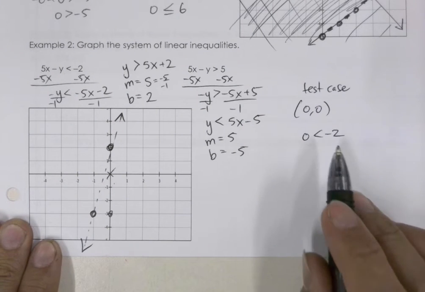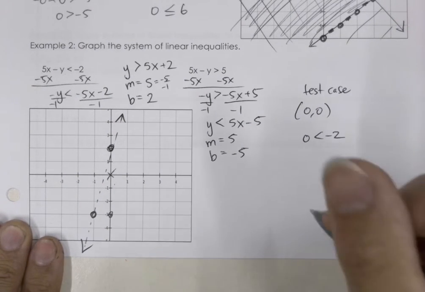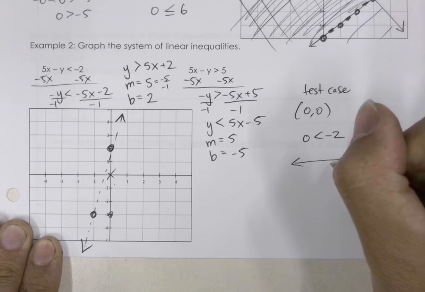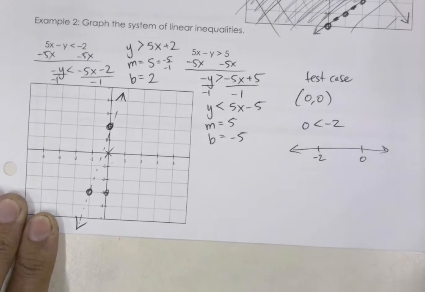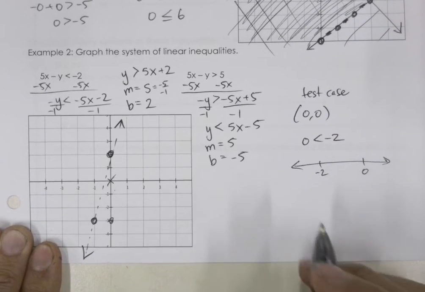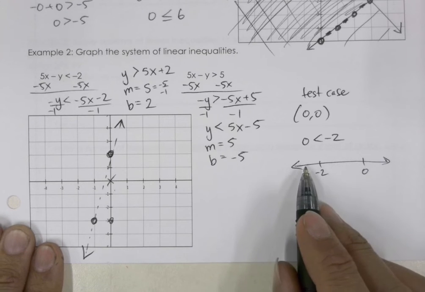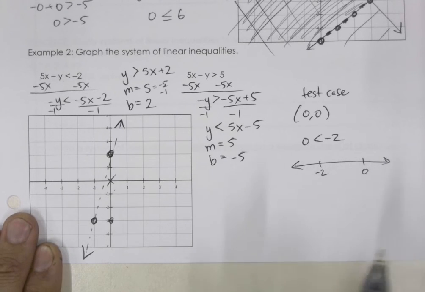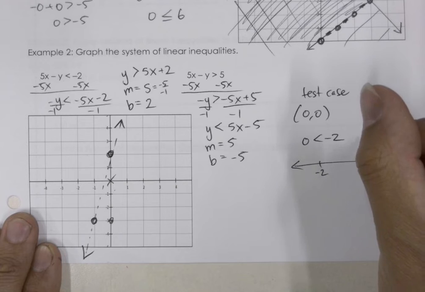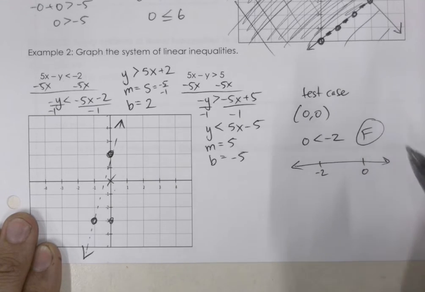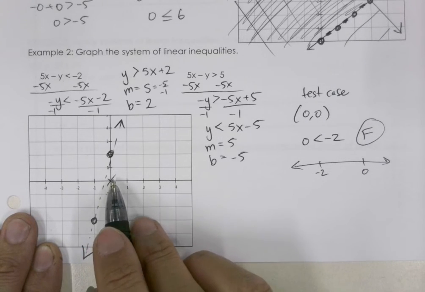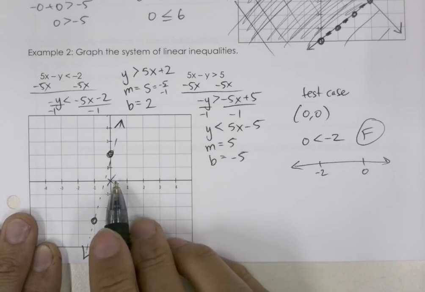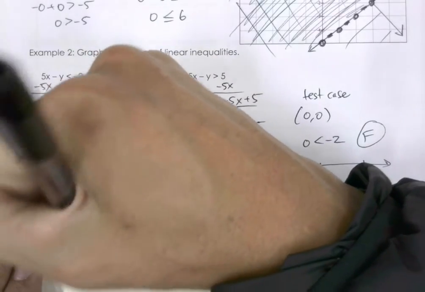Is that a true statement or a false statement? 0 is not less than negative 2; negative 2 is less than 0. So this is a false statement. Since it's false, we are not going to shade the side that includes the test point. We're going to shade this side here.